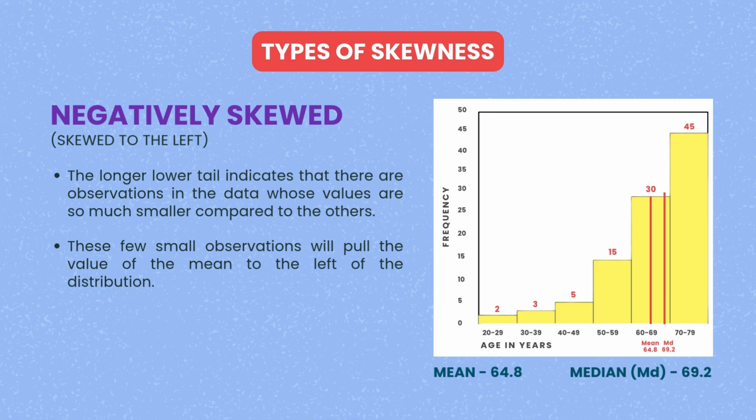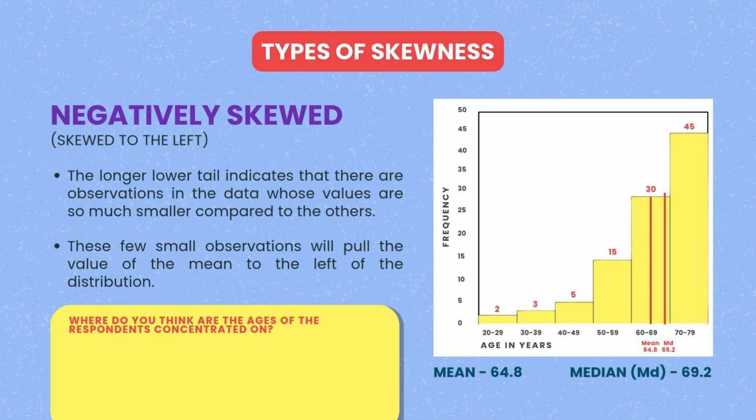Again, let us think about the concentration of our respondents. Where do you think are the ages of the respondents concentrated on? Below the value of the mean or above the value of the mean? The correct answer is above the value of the mean of 64.8. Thus, we can say that the respondents are relatively old.